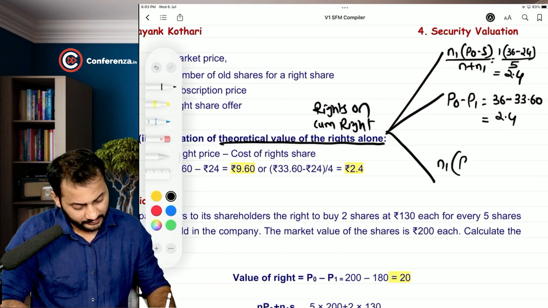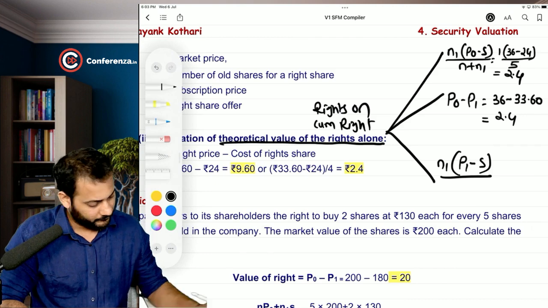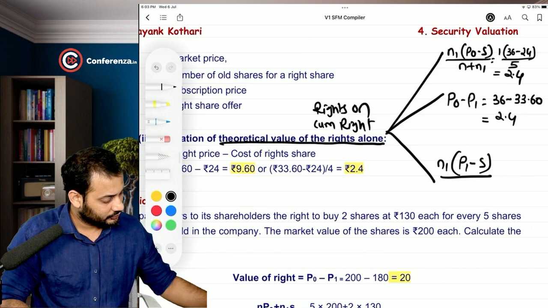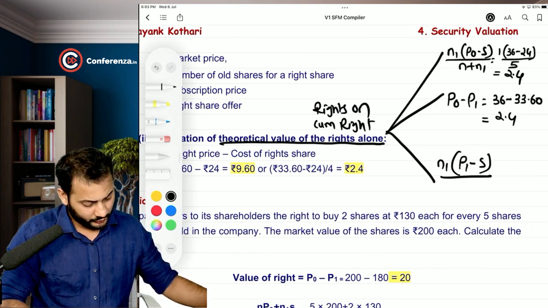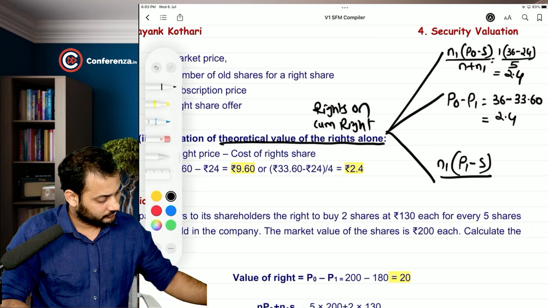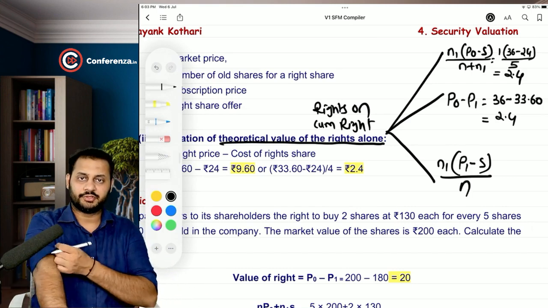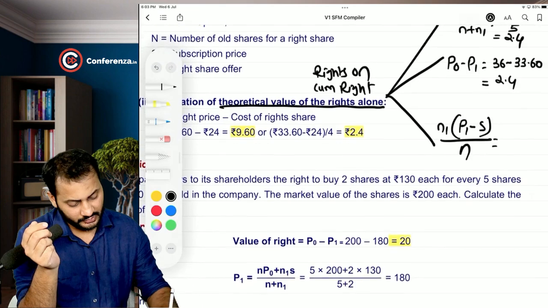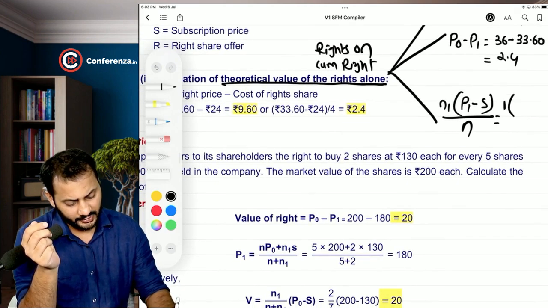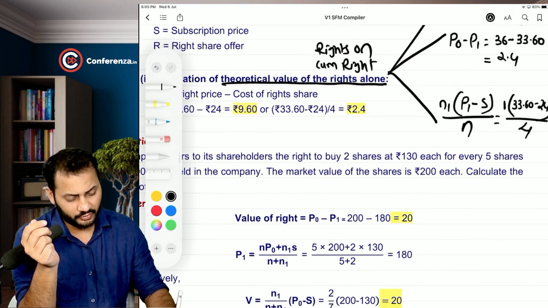Again, another formula: N1 in bracket P1 minus the subscription price, divided by N, the existing number of shares. So P1 is 33.60 minus 24, into N1, divided by N. One share, in bracket P1 is 33.6 minus 24, divided by 4, the number of existing shares.